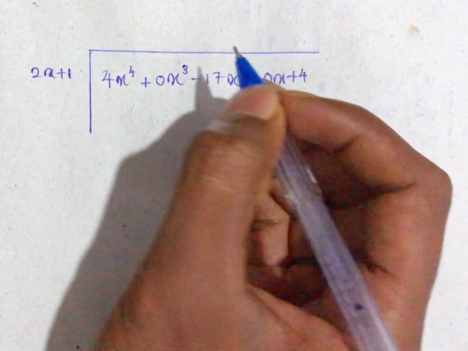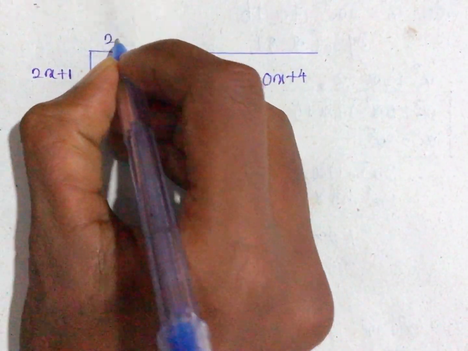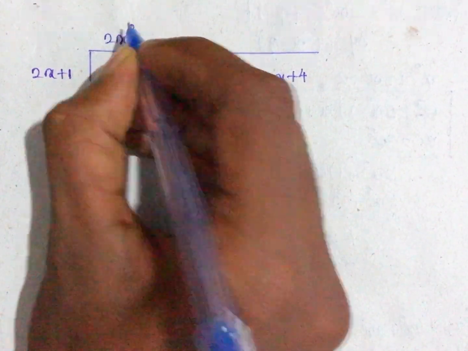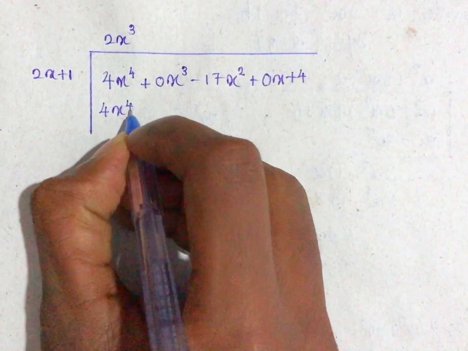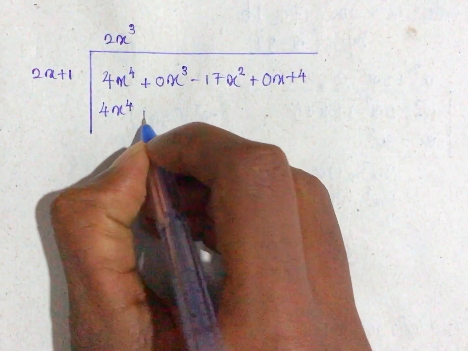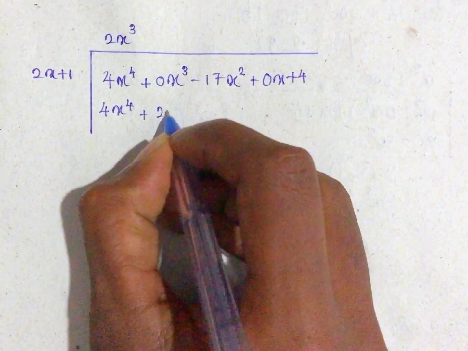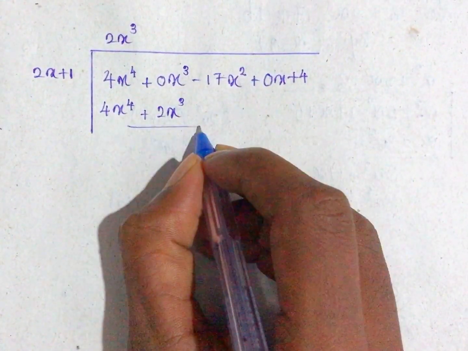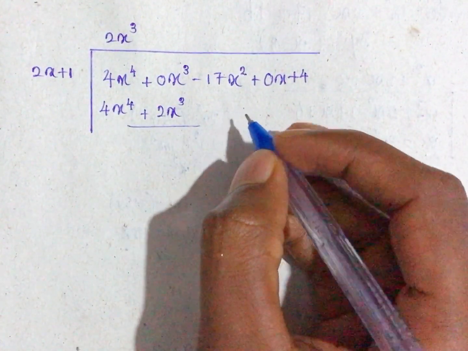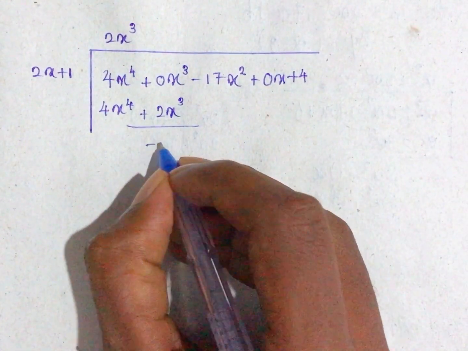Considering the first term of the dividend, what can you put here? 2x cubed. Then you need to multiply it by the divisor. You get 4x to the power 4 plus 2x cubed. Then you need to subtract these two. You will get minus 2x cubed.